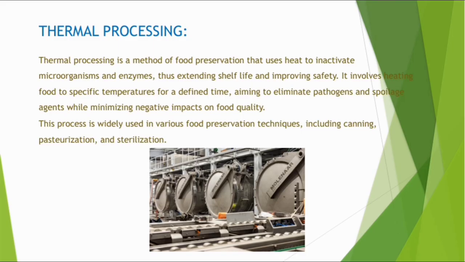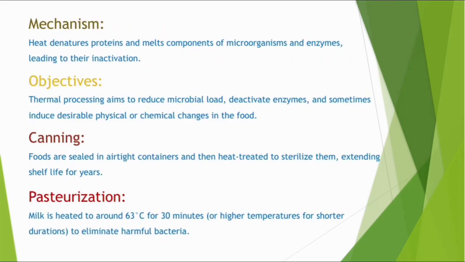These methods are all variations of heating treatments designed to keep food safe and fresh over time. Connecting this to our overall theme, understanding thermal processing helps us appreciate how food safety and quality are maintained through carefully controlled heat treatments. It's a vital part of ensuring the food reaching consumers is both safe and enjoyable.